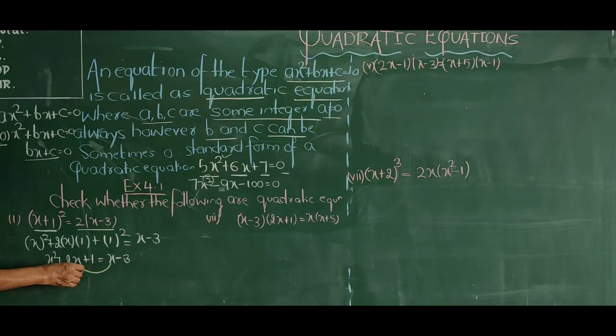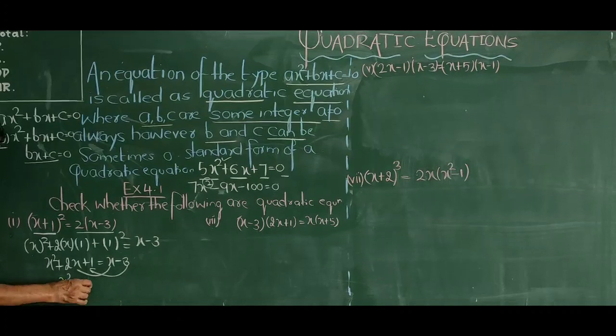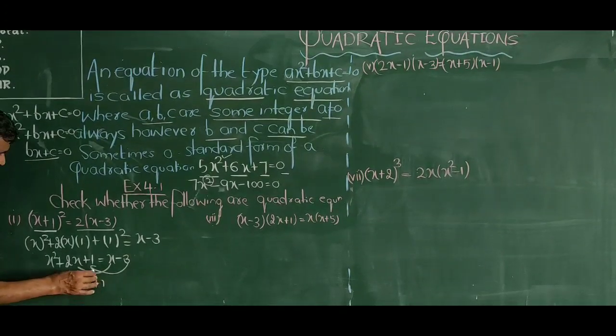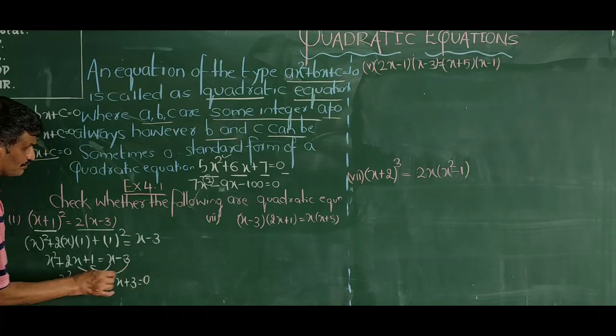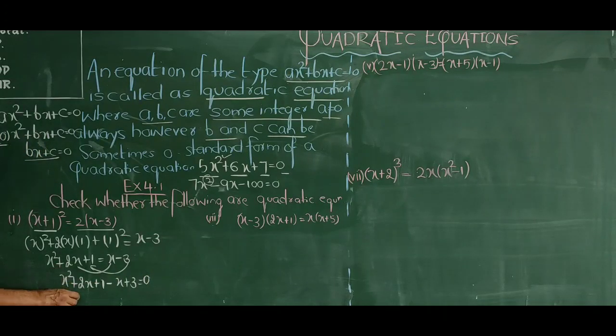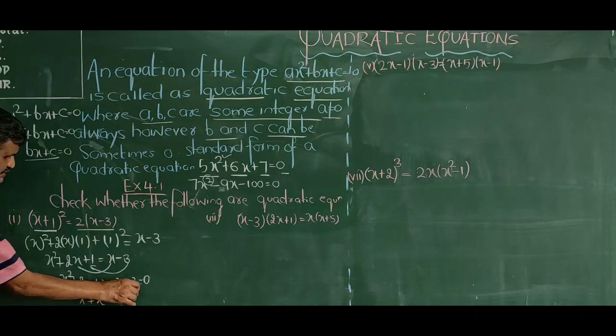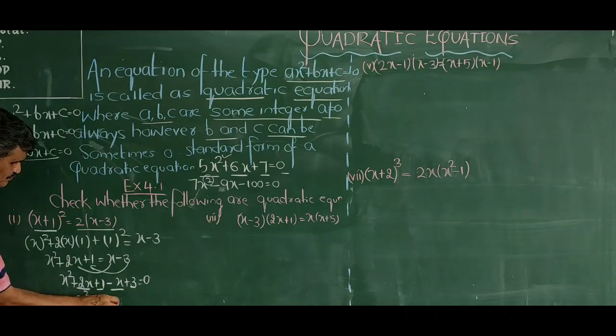Suppose I transpose this here, then we are going to get x square plus 2x plus 1 minus 2x plus 3 equal to 0. Now, children, you can very easily see x square, 2x minus 2x is 0, and 1 plus 3 is 4.